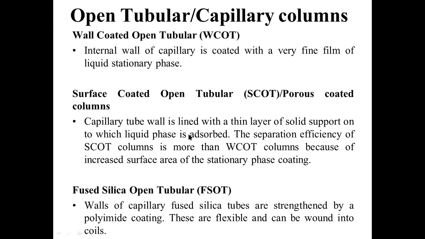Porous coated open tubular columns means a thin porous material is made to be present inside the chromatographic column, and that functions like a stationary phase. That column is called PLOT. So wall coated open tubular column is denoted by WCOT, surface coated open tubular column by SCOT, and porous coated open tubular column by PLOT.